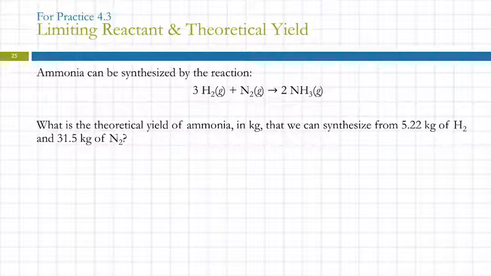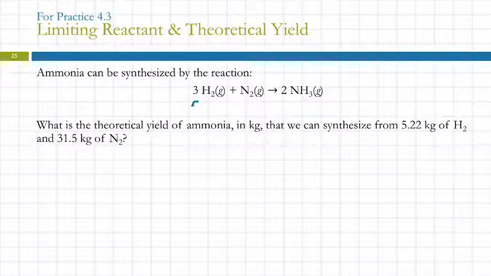Ammonia can be synthesized by this reaction. What's the theoretical yield of ammonia in kilograms that we can synthesize from 5.22 kilograms of hydrogen and 31.5 kilograms of nitrogen? Well, we read the question. Now let's take the amounts that were given and write them under the balanced chemical equation.